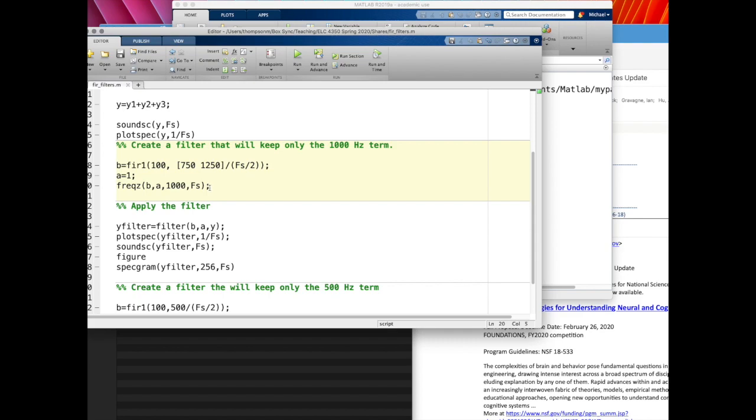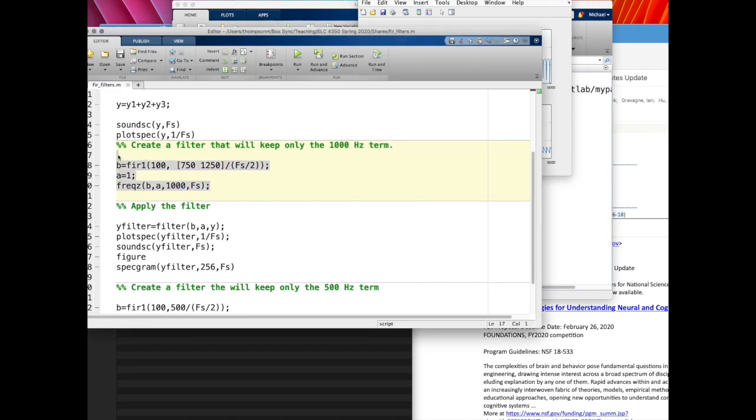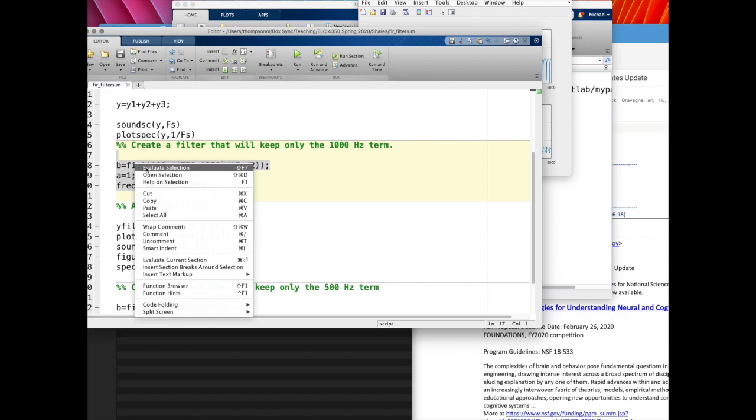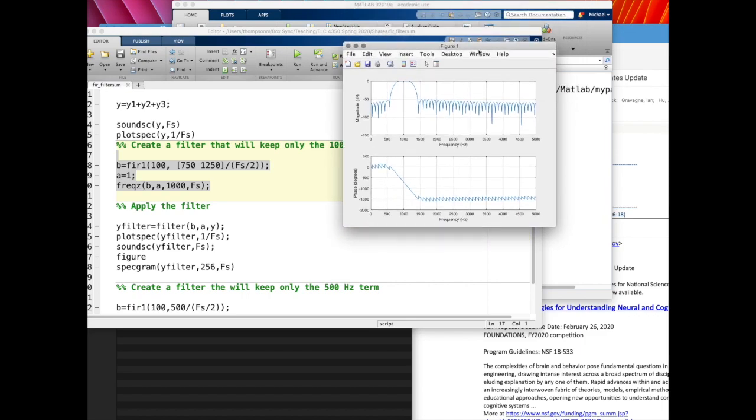Okay, so I put 1000, so we'll get a nice plot. This doesn't look right, so let me rerun that and make sure it ran correctly. Okay, now it looks right. Okay, so this is a bandpass filter. I can make this a little bigger.